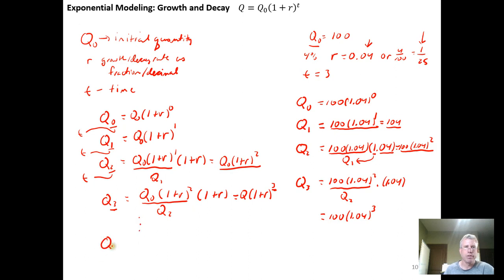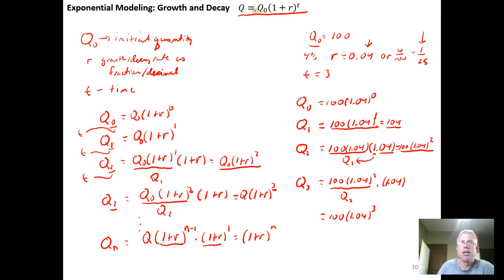So in year n, you would have Q naught, and it would be 1 plus r, and notice that the number that goes here is going to be 1 less than the current year because it's the previous year. So you get n minus 1 times 1 plus r to the first. And to simplify exponents, you add n minus 1 plus 1 because the bases are the same. So n minus 1 plus 1 is just n.